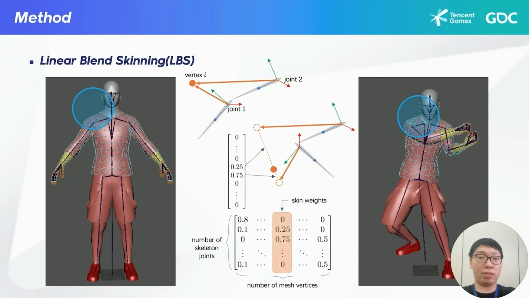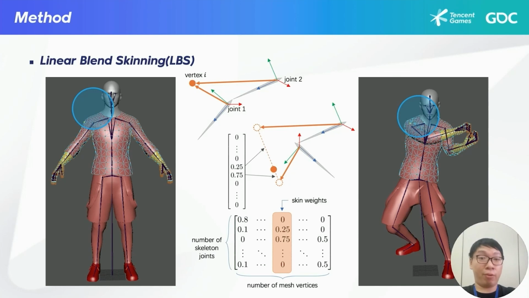As shown in the center below, you can see the skin weight matrix, which is the output of the skinning process. So automatic skinning is about automatically calculating the skin weight matrix. The columns of the matrix represent the number of vertices, while the rows represent the number of associated skeletal joints.